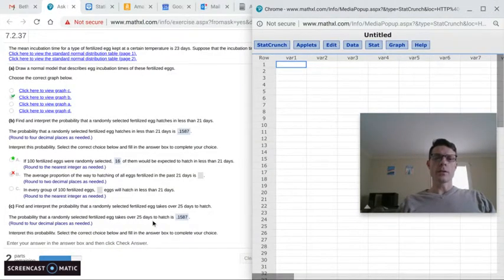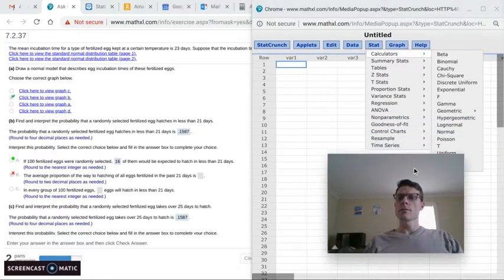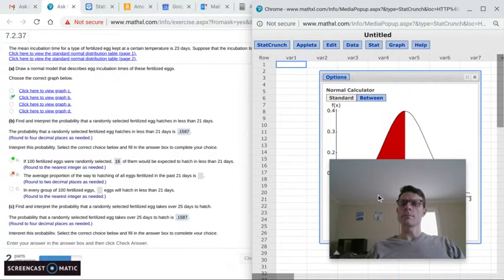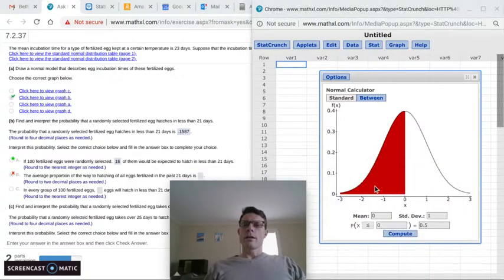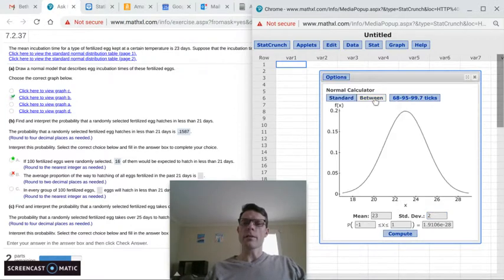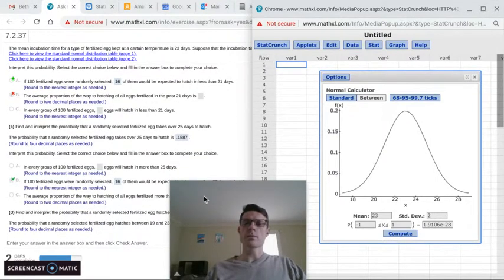So all I'm going to do is get the normal calculator going. The mean is, what did we say, 23 earlier with a standard deviation of 2. Okay. Then we just want to go to the between. And we're looking between 19 and 23 days.